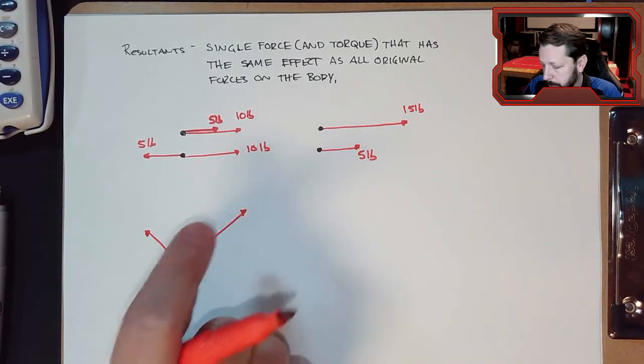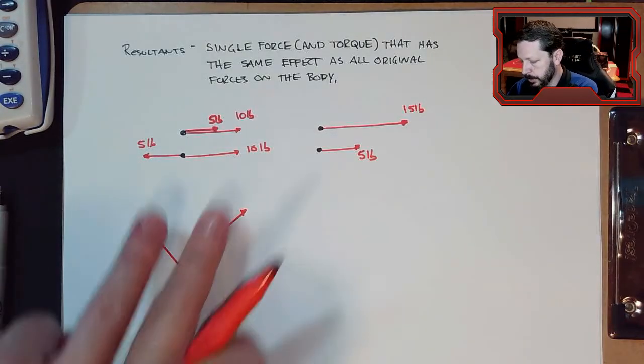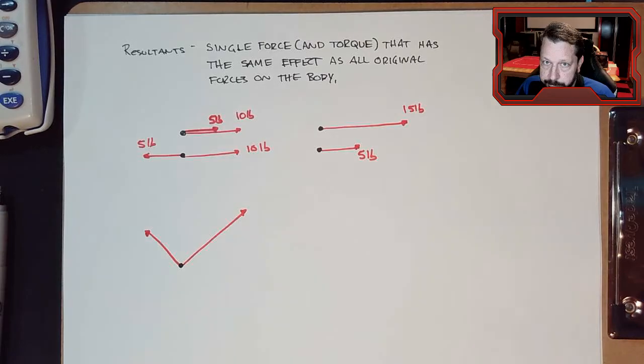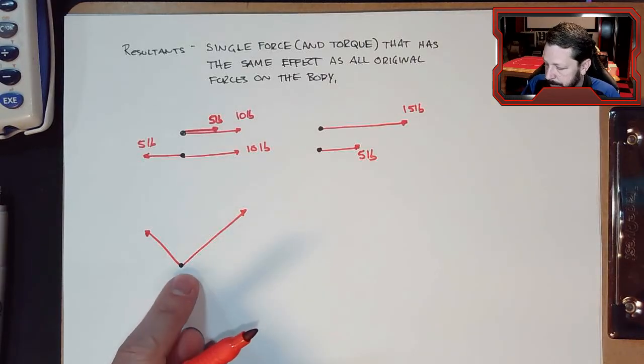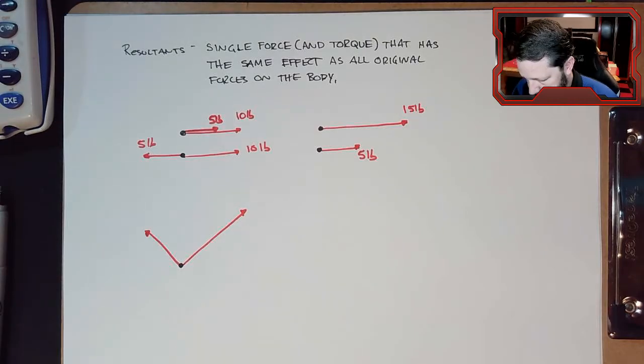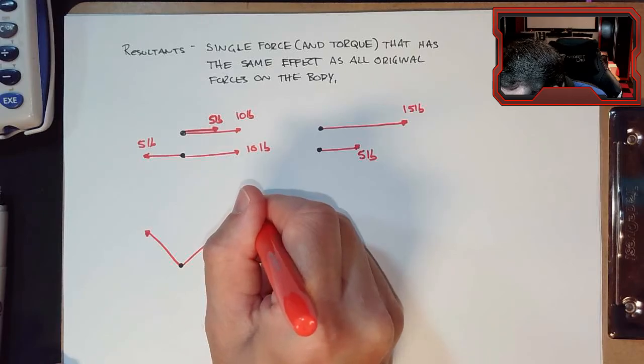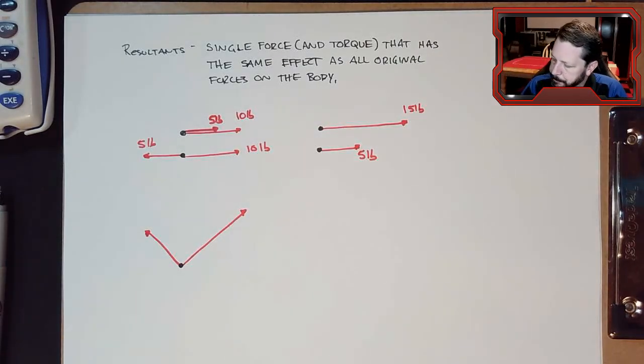That's static equilibrium. This is not static equilibrium because both of these forces are pushing upwards or pulling upwards, and nothing's pulling downwards, so this little dot would be accelerating in some direction upwards.